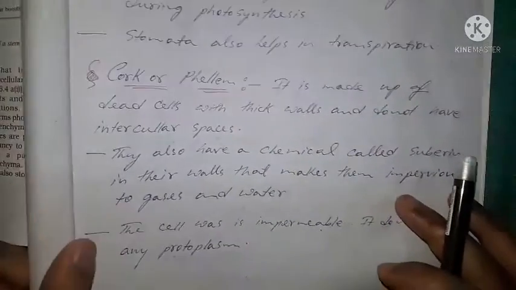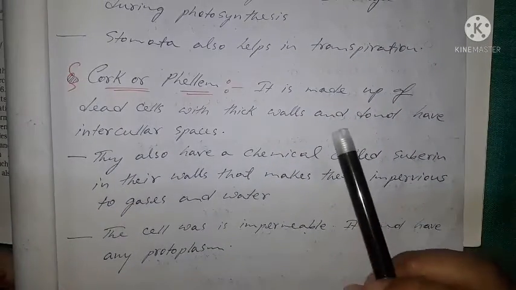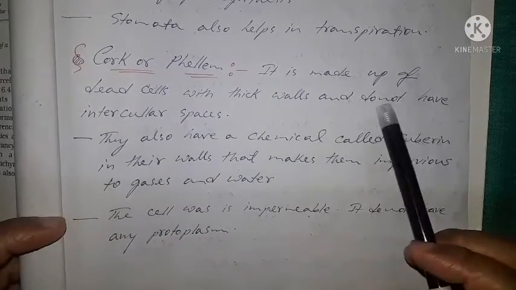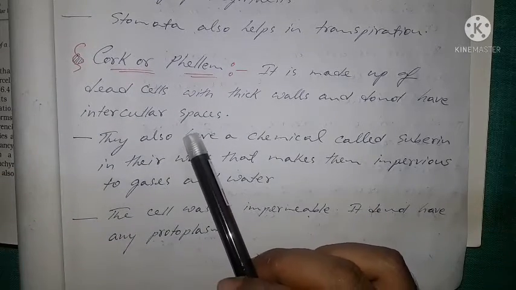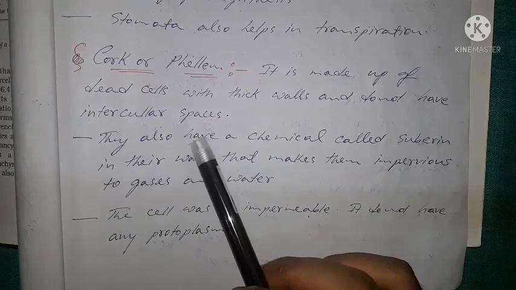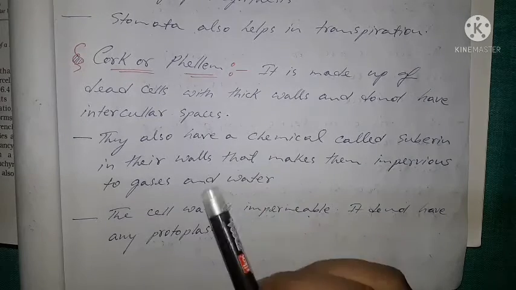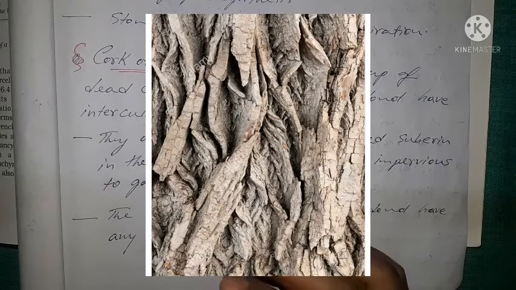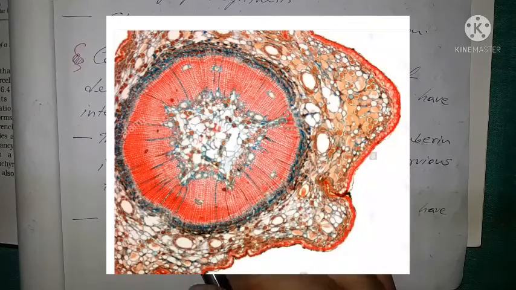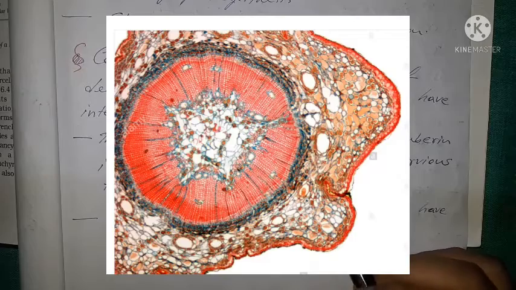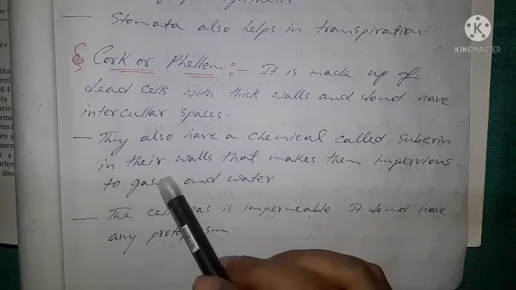Cork is made up of dead cells with thick walls and does not have intercellular spaces. This cork is found in the bark of a tree, as you can see in the picture. They also have a chemical called suberin in their walls.